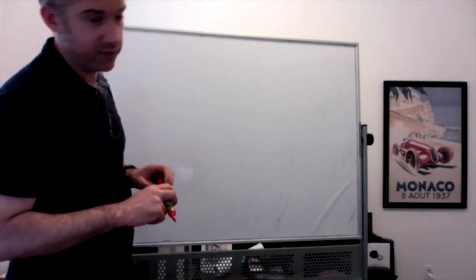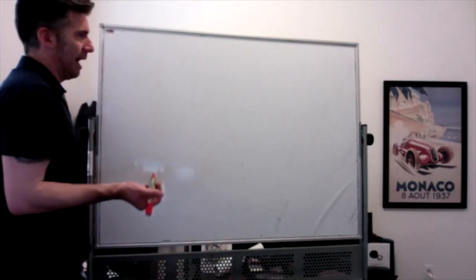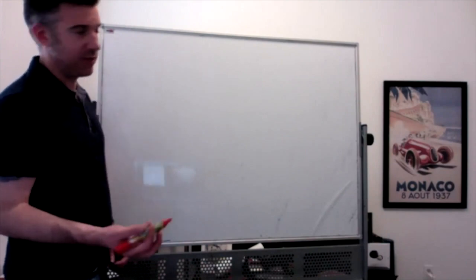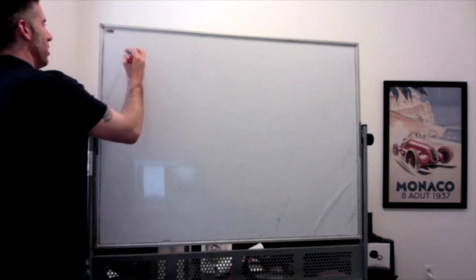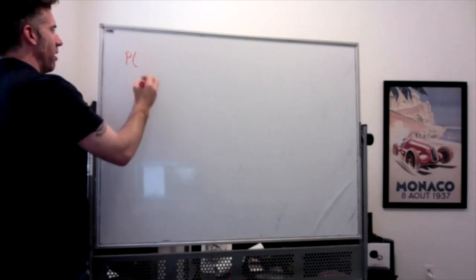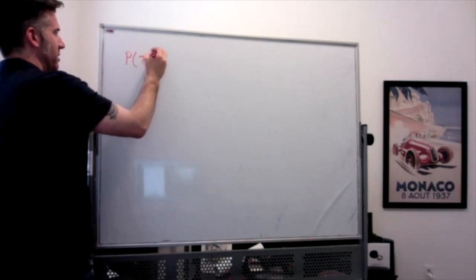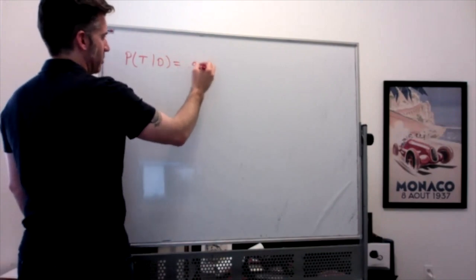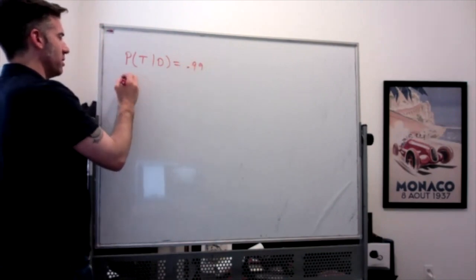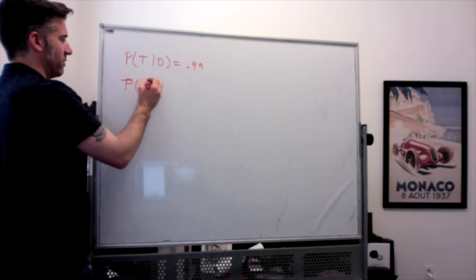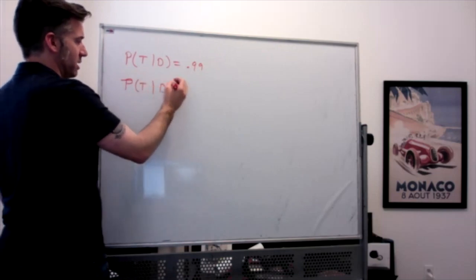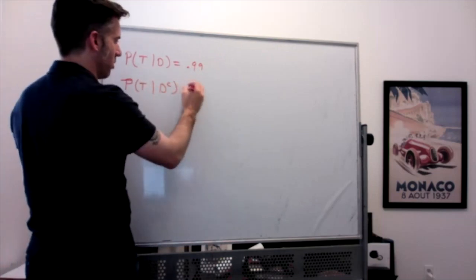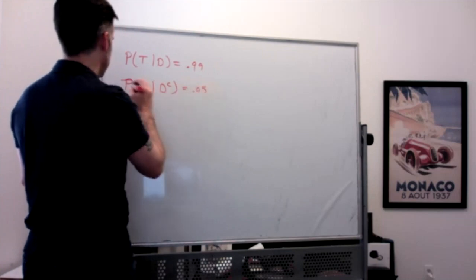Okay, wow. Thanks, Karina. So I would imagine he would probably ask you one of the questions where he says, like, the probability of having a positive test given that you have the disease is 99%. The probability of having a positive test given that you don't have the disease is some low number like 5%.